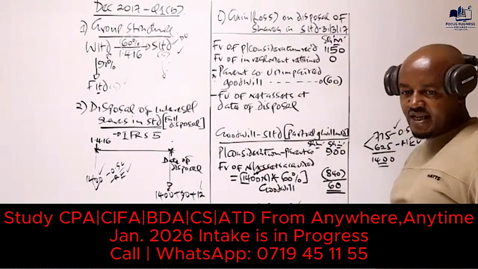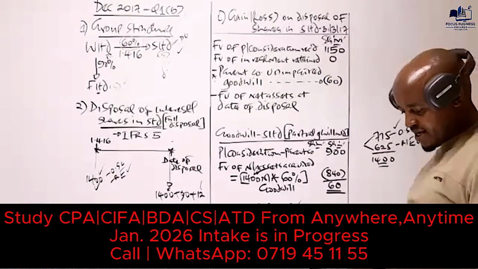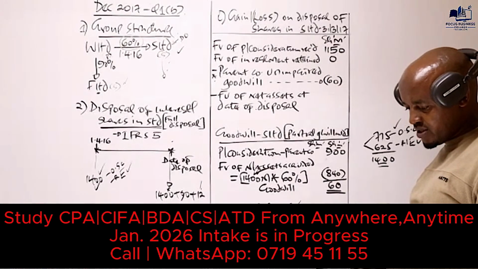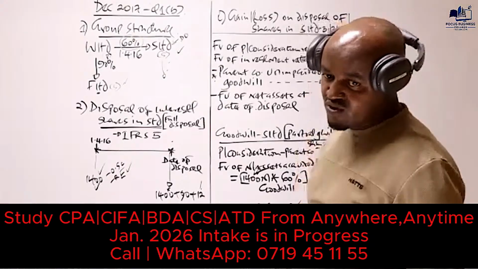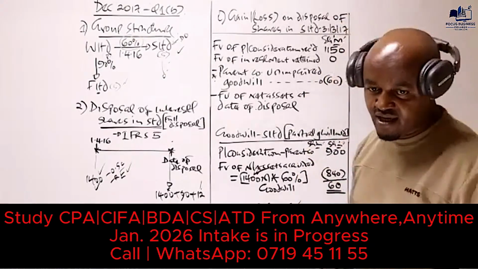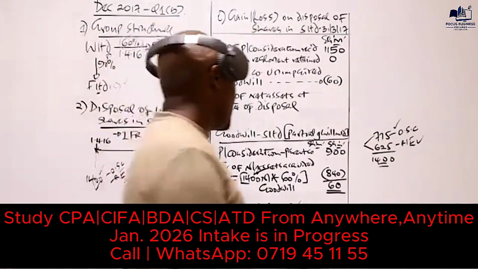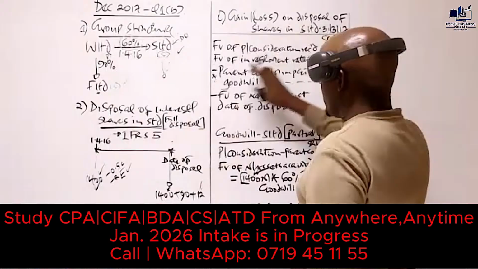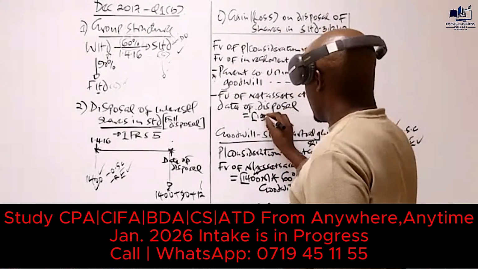So the net asset of this company at the end of the year is that particular amount. We have done the same thing as in the other question, only that it becomes part of equity. Therefore, at the date this company was disposed, the fair value of its net asset was 1502.